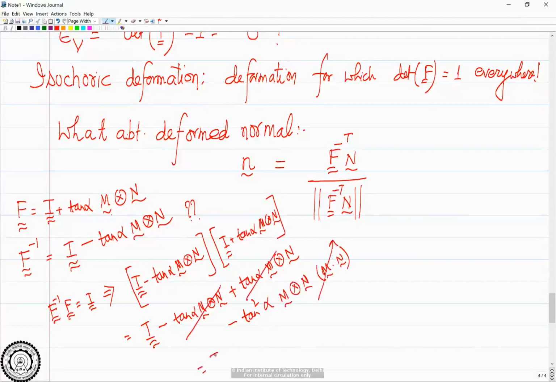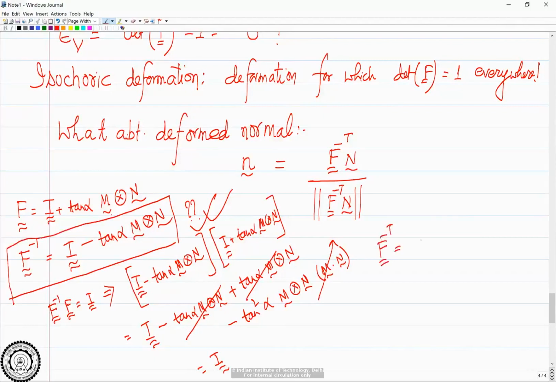So this turns out to be identity. So we have found out the formula for F inverse. Okay, so F inverse is this thing over here. So this turns out to be correct, which means F inverse transpose is simply identity minus 10 alpha of n tensor product M.